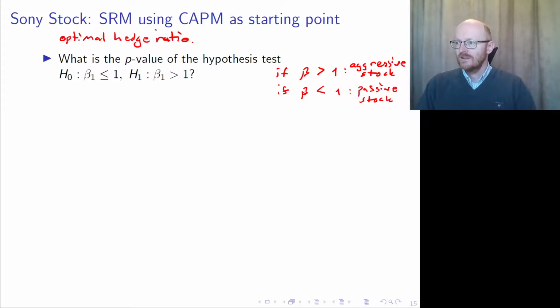Okay, but you're not going into that in this course. Okay, but what is the p-value of the hypothesis test? H0 is beta 1 less than 1, and the alternative hypothesis is beta 1, the slope, is greater than 1, which means that the stock is moving more than the general market.